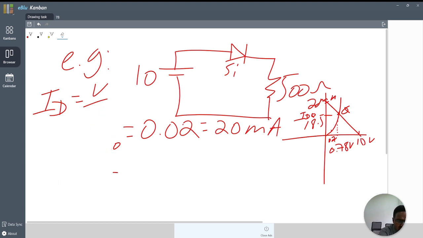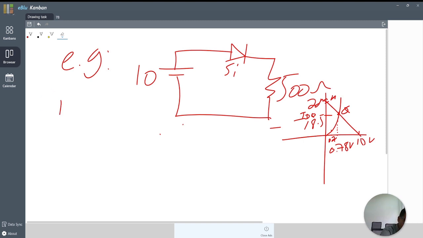When you get IDQ and VDQ, let's find VR. V source minus VD, this is our VD, don't forget, minus VR equals 0.